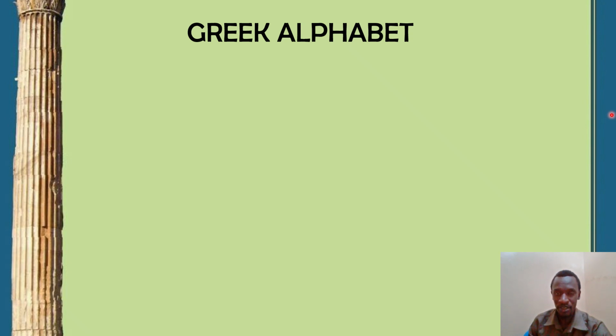Different from English, which has 26 letters, Greek has only 24 letters. I will take you through all of them so that you become aware of all the letters we have in Greek.